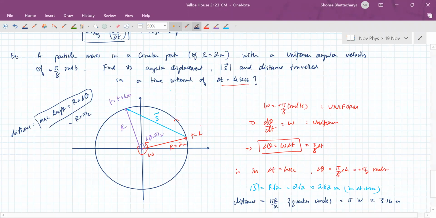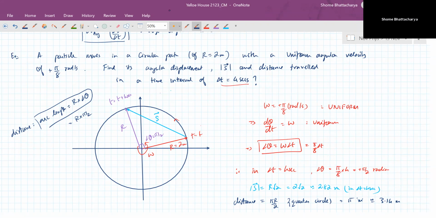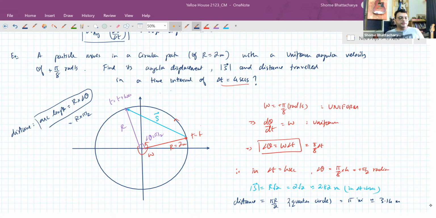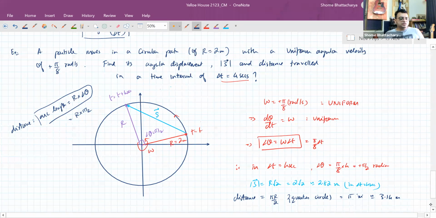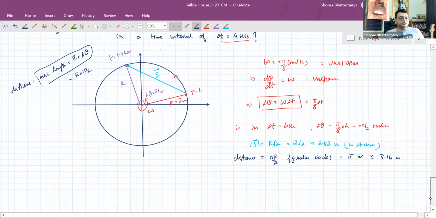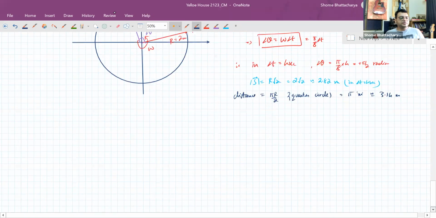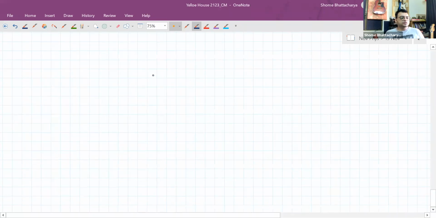Now, in this particular question, we have assumed that the particle in circular path is moving with a uniform or constant angular velocity. That may not always be the case. The angular velocity, that is the rate at which theta is changing with time, might itself be changing. So the particle can also have in its circular motion a so-called angular acceleration.